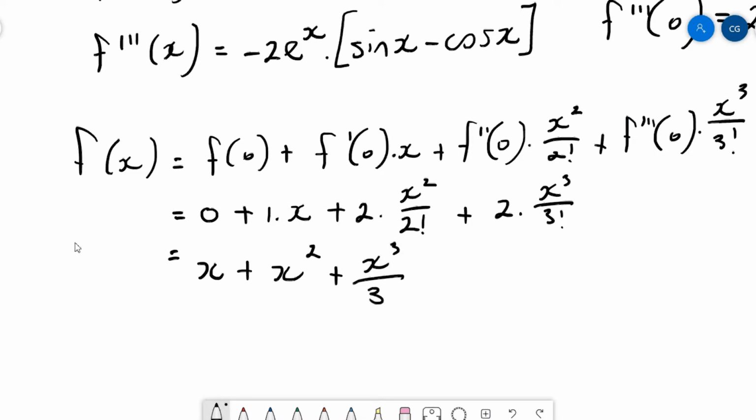Now, what I should have done was indicate that this series continues, so I should have written plus, etc., because this series continues. They only wanted us to write this series up until the term x cubed. So that we have done. So this is the answer for part A.